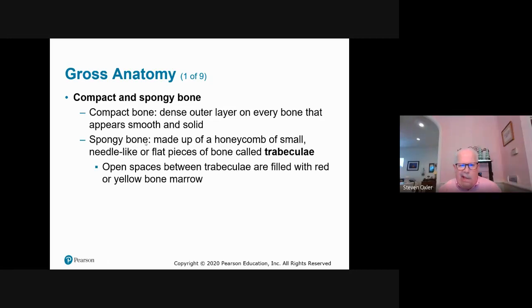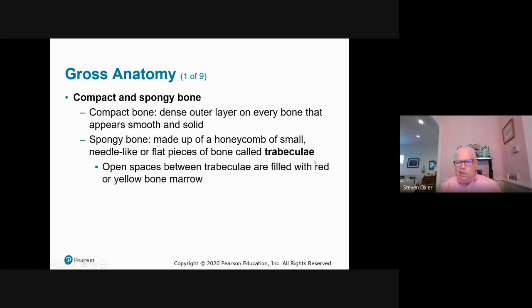Small, needle-like pieces of bone called trabeculi are within the bone. And within the open spaces of these trabeculi is your bone marrow. Now, I'm going to tell you something you may not know. You have a red bone marrow and a yellow bone marrow.